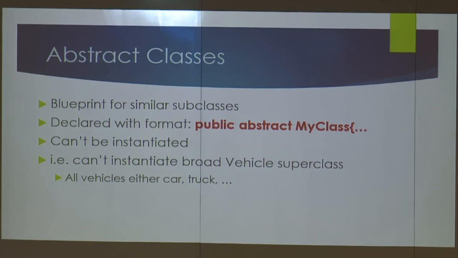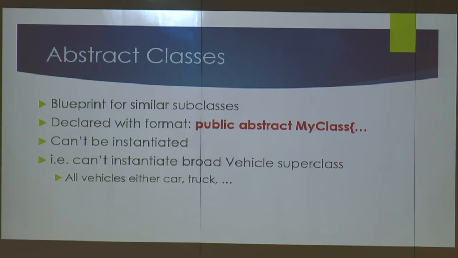So then abstract classes, they're a different kind of class that's a bit more broad. They're still considered a blueprint like regular classes are, but now they're missing some sort of functionality that then makes them abstract. So when we're declaring an abstract class, we have to now include the keyword abstract.